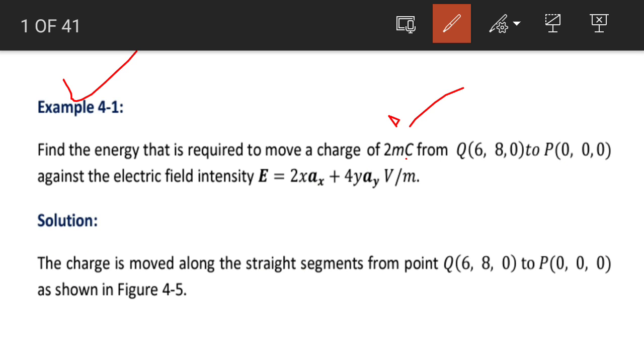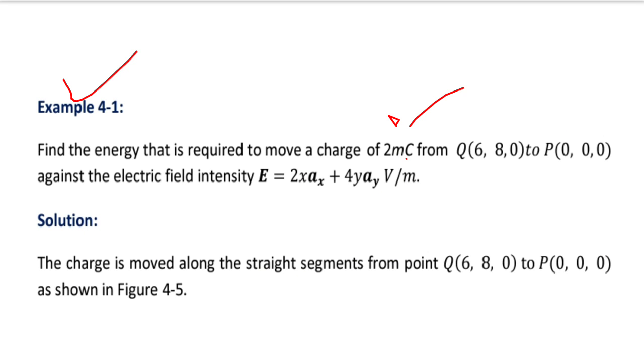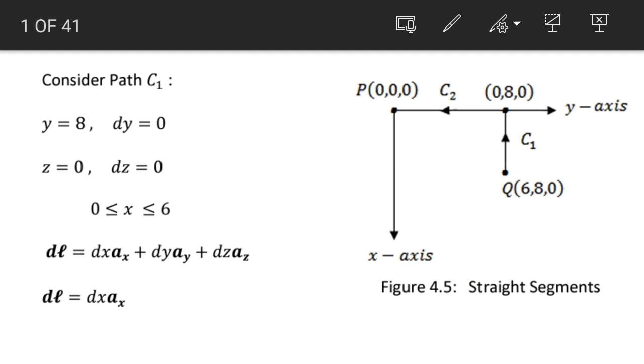For convenience, we will consider straight segments, and we will move the charge along the segment C1 from (6, 8, 0) to (0, 8, 0), and then along the straight segment C2 from (0, 8, 0) to (0, 0, 0).